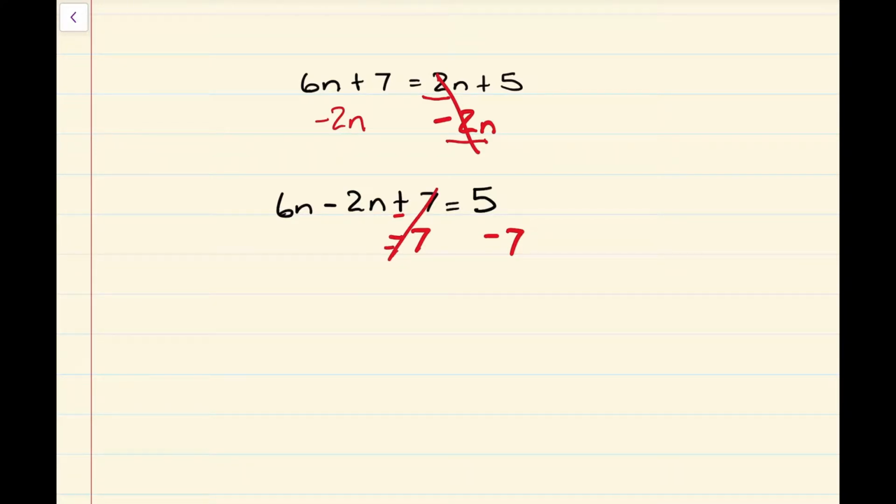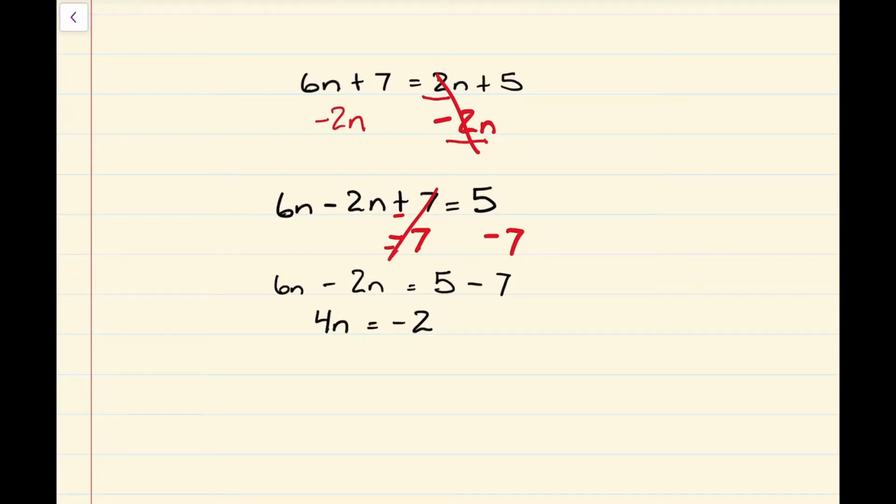So then the resulting equation would be 6n minus 2n is equal to 5 minus 7. And let's just solve. 6n minus 2n is just equal to 4n, of course. And then 5 minus 7 is just going to equal -2.